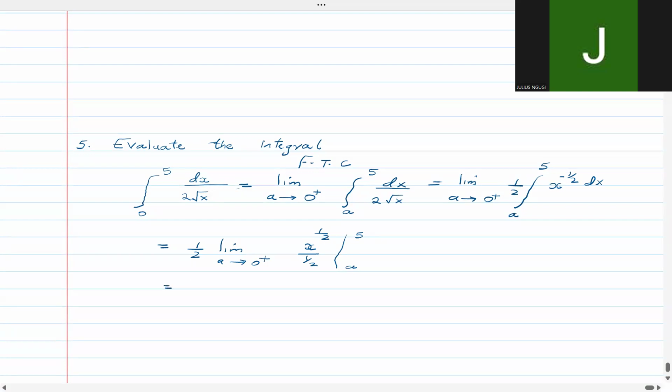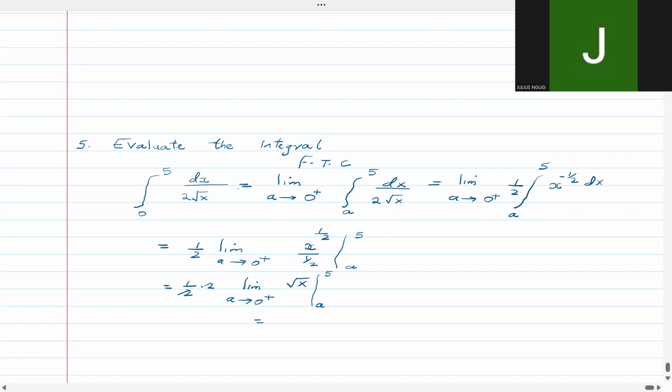So I'll be having a half times 2, then limit as A approaches 0 from the right side of root of x. So this will cancel with that 2. So you have that, and then we have A and 5.